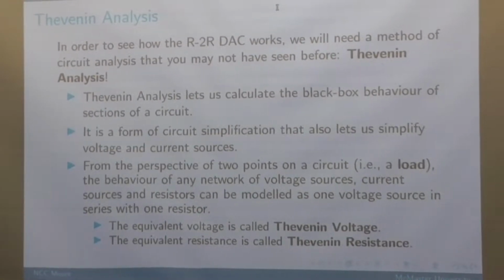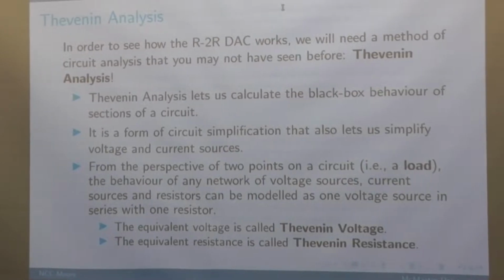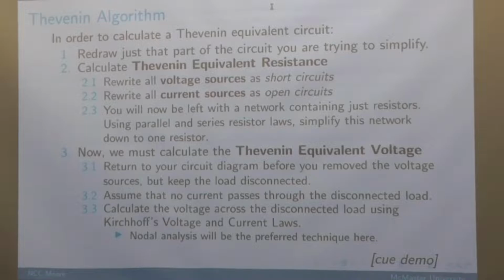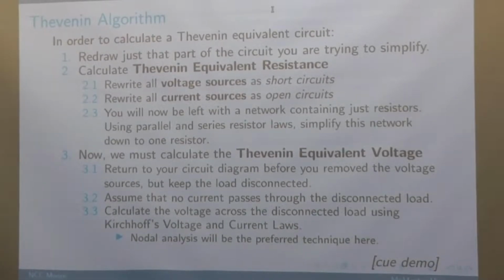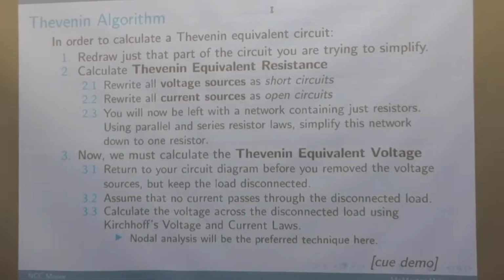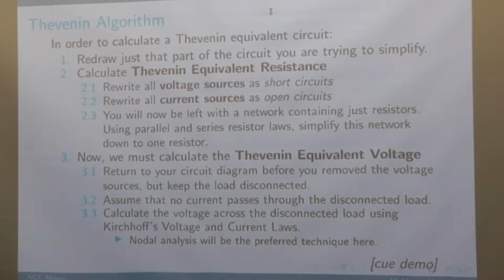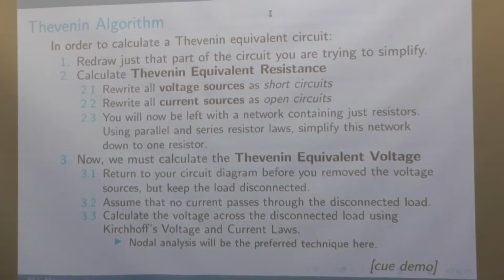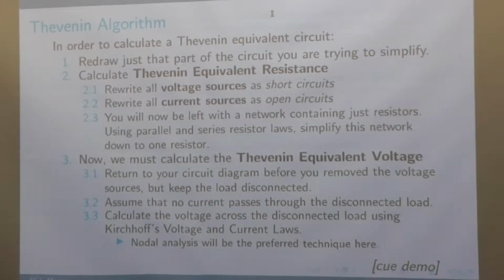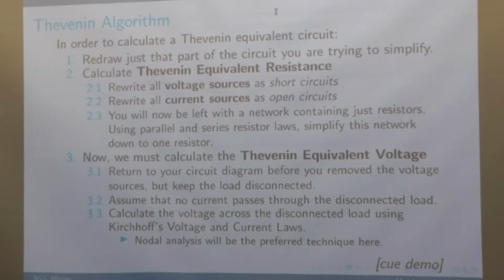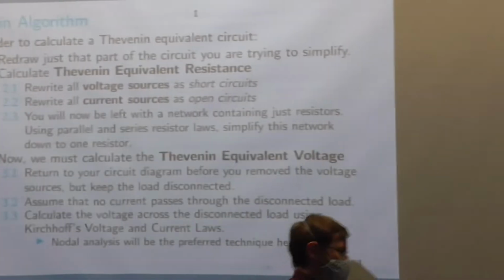It's a way of modularizing. I'm going to do a relatively simple example, such as the one we got part of the way into on Monday, and then we're going to perform a Thevenin analysis over the digital to analog conversion circuit.